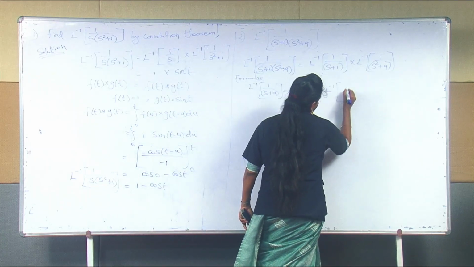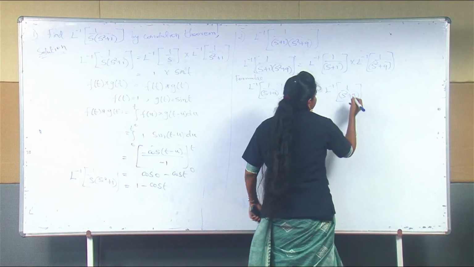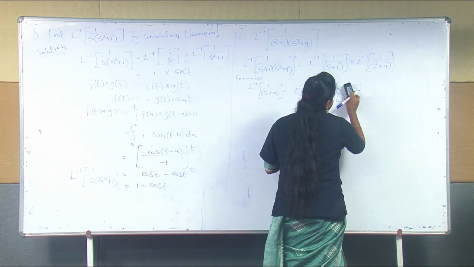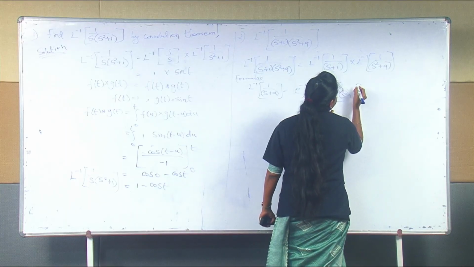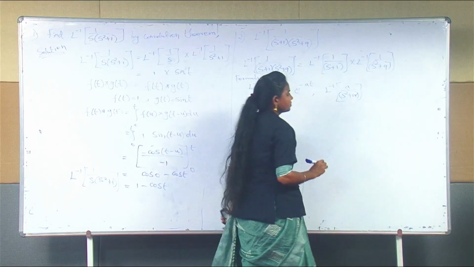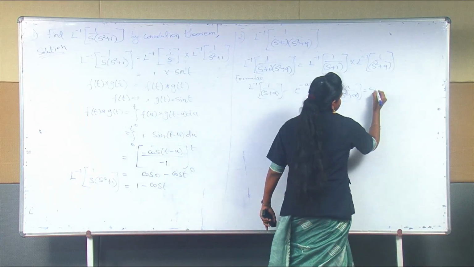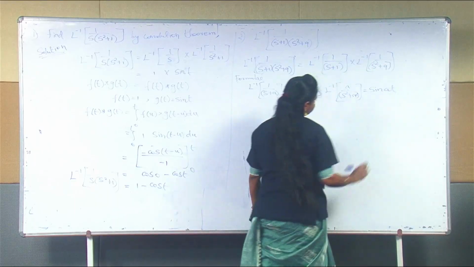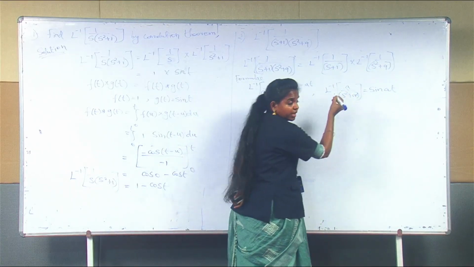Similarly, Laplace inverse of 1 divided by s square plus 9. That is a general formula I will write here: a divided by s square plus a square. Okay, so suppose it is sine at.